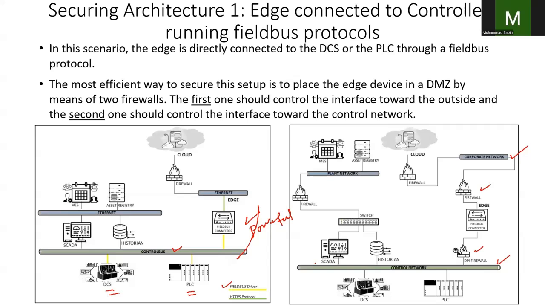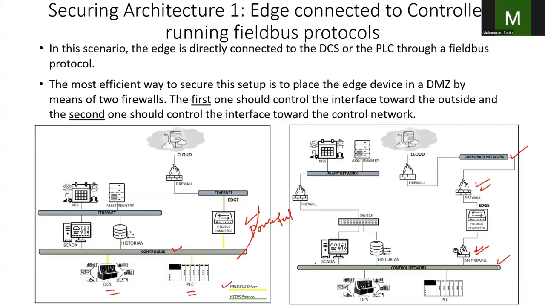The first firewall will manage the connection between the edge and the external corporate network, and it usually filters the cloud access, remote clients or plant traffic. The second will sit between the edge and the control network.